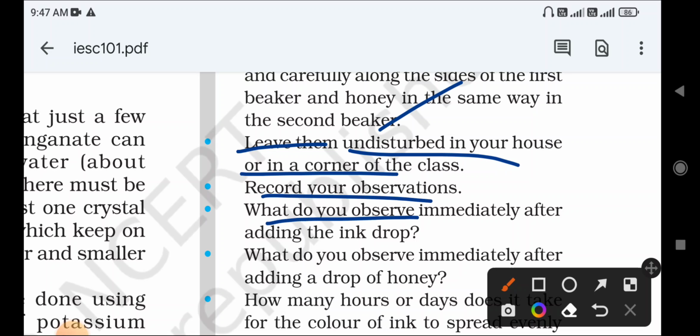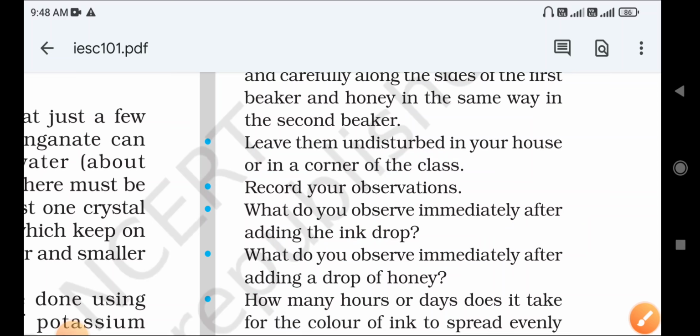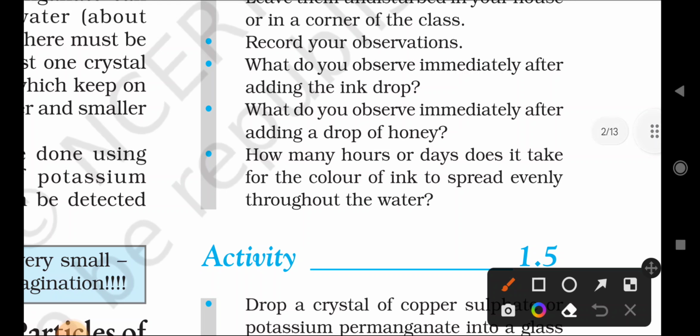What do you observe immediately after adding the ink drop? After you add the red or blue ink to the water, what will happen? That you have to observe. What do you observe immediately after adding a drop of honey? Again, we have to observe what happens to the water when we add red or blue ink to it, and in another beaker we add honey.